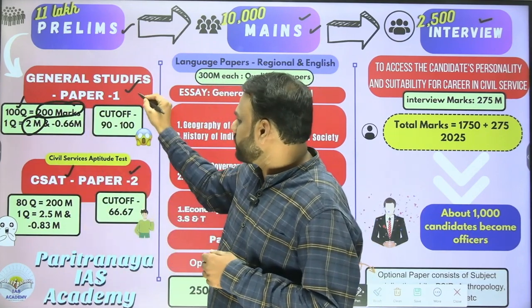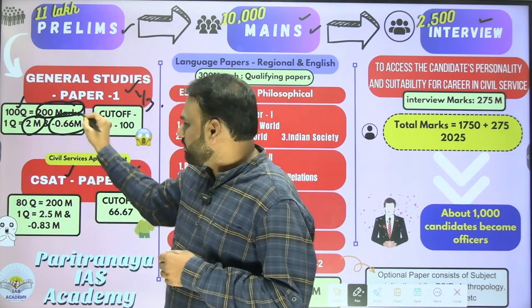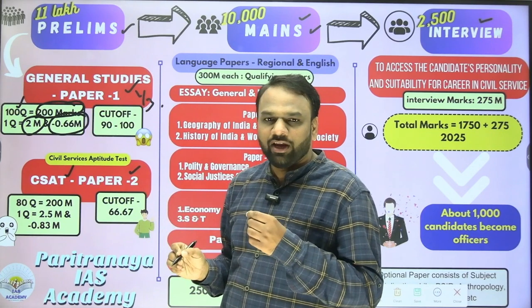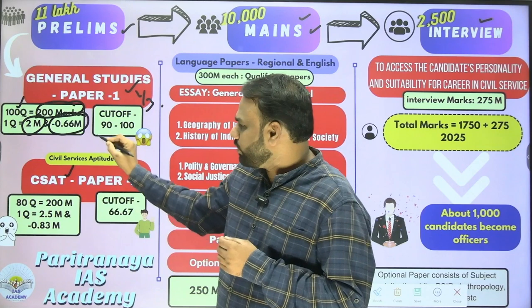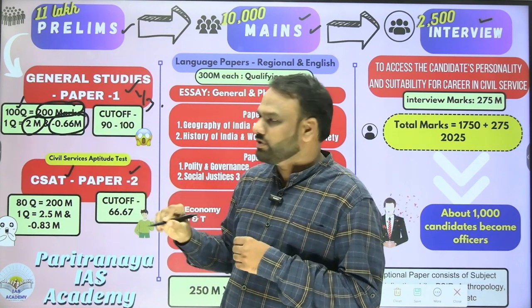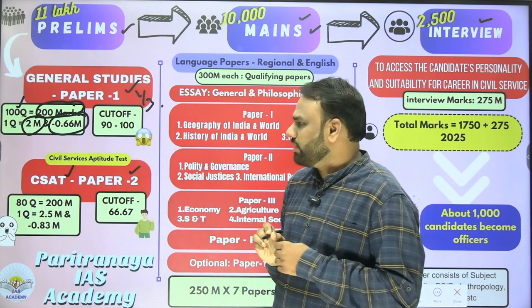The negative marking here is 1/3, so it's 0.66, because 1/3 of 2 is 0.66. For every wrong choice which you make, 0.66 marks will be deducted from the final marks which you get.